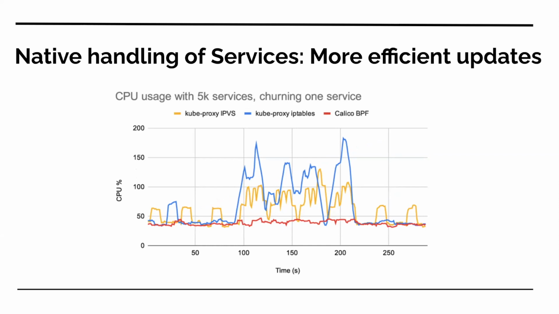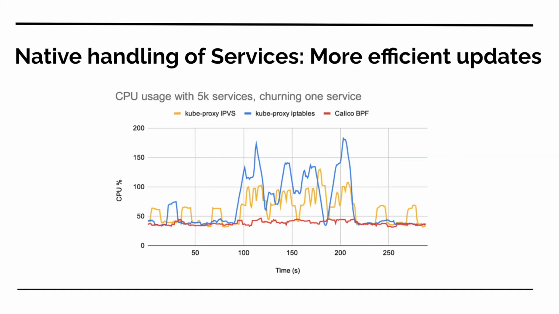So there's an impact on CPU when that happens. IPVS mode seems to do something similar as well. In this graph, with the CPU in the middle of the chart, we churned this service over and over for a few minutes, and that generated a lot of load in kube proxy.